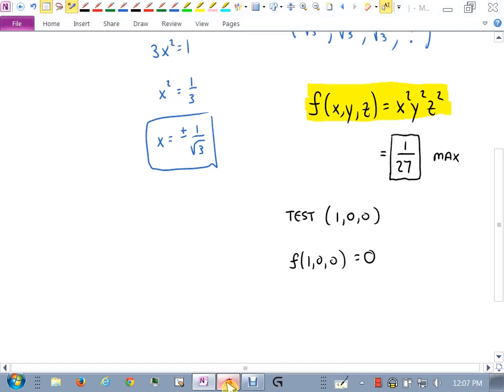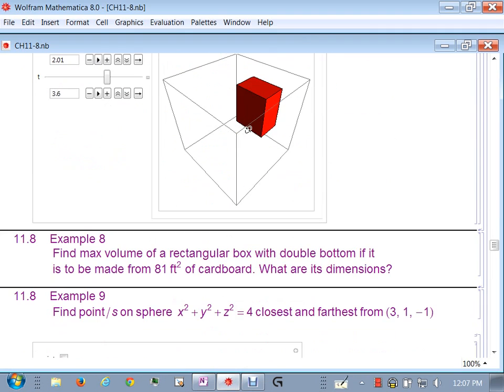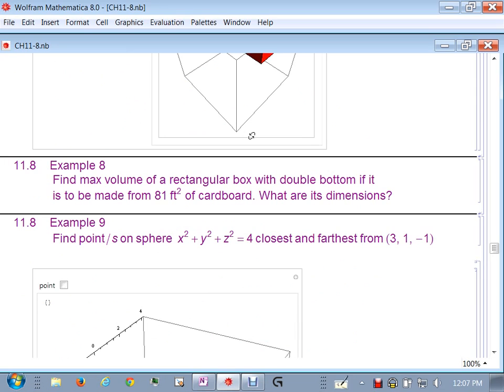All right, let's take a look at example 8. Find the maximum volume of a rectangular box with a double bottom if it is to be made from 81 square feet of cardboard.